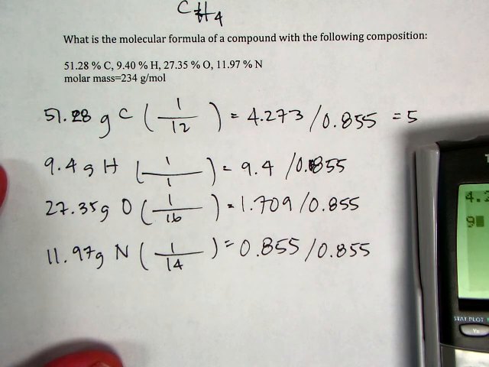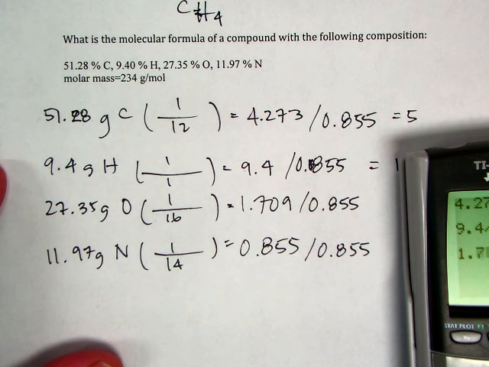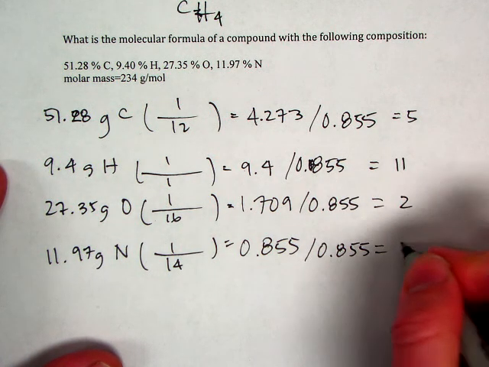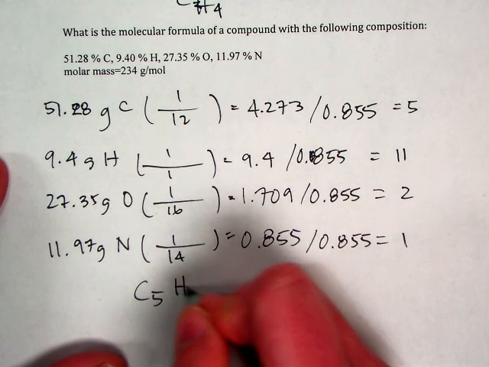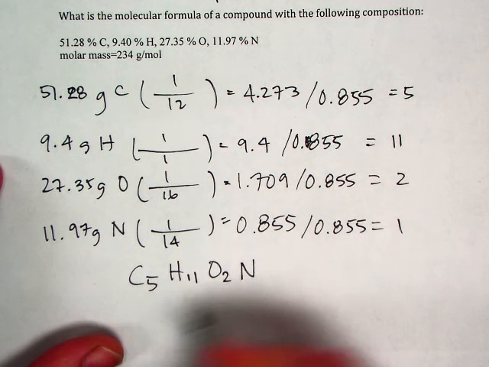And then 9.4 divided by 0.855 equals 10.99, which is 11. 1.709 divided by 0.855 equals 1.99 or 2. And this obviously equals 1. This is the empirical formula. So you get C5H11O2N. Okay, that's the empirical formula, not what we want.